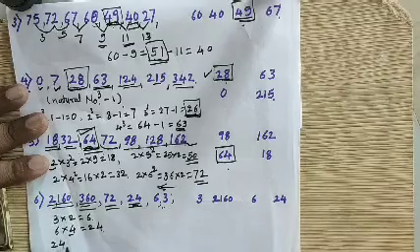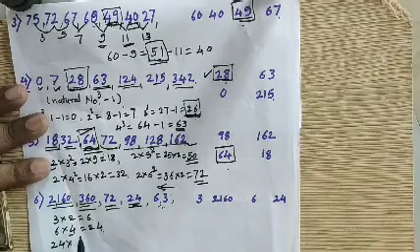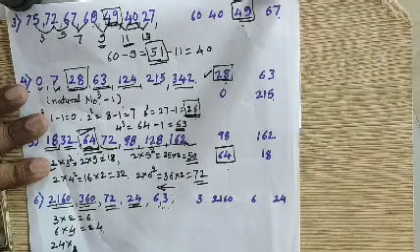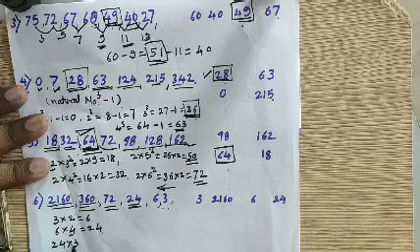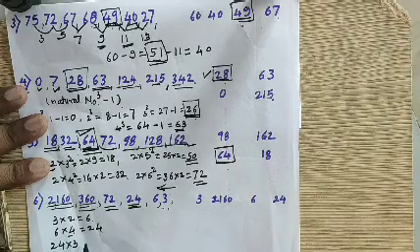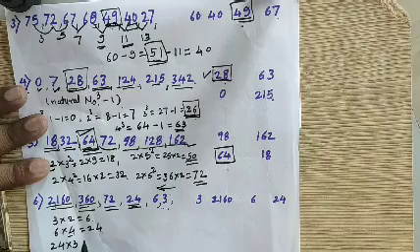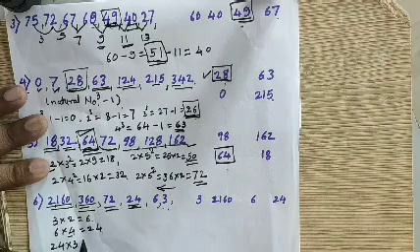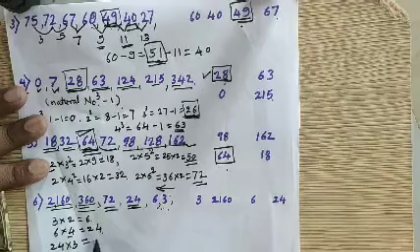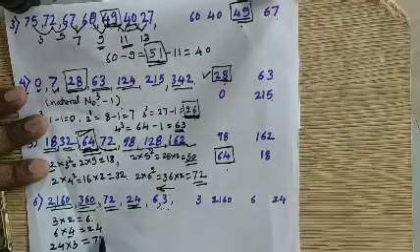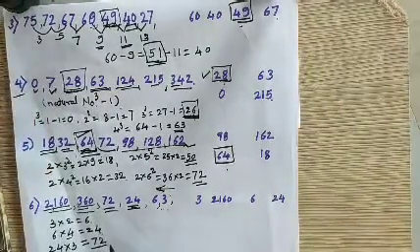If we multiplied 24 into 3, we get answer 72.